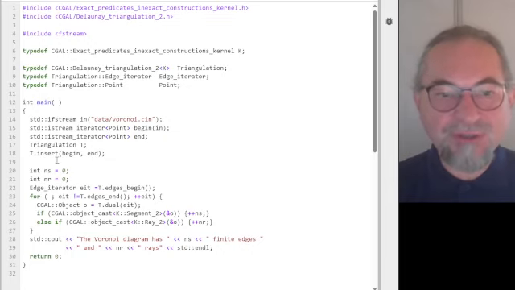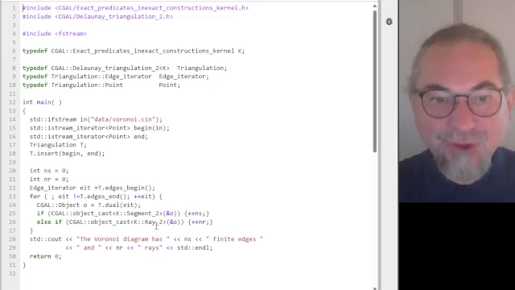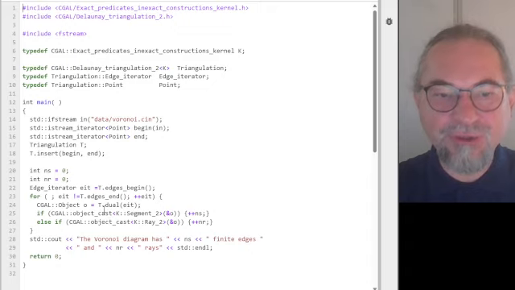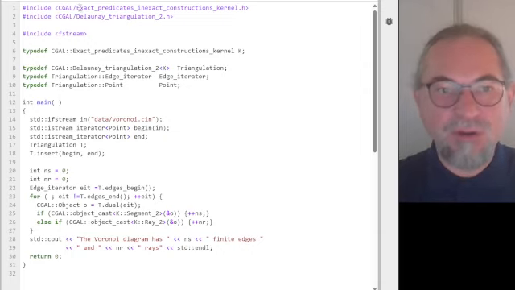We are inserting the points in this triangulation, and from the output of the Delaunay triangulation, we can count the number of edges and rays in our Voronoi diagram. So you see there is the dual that is actually built in. The source code is quite small.